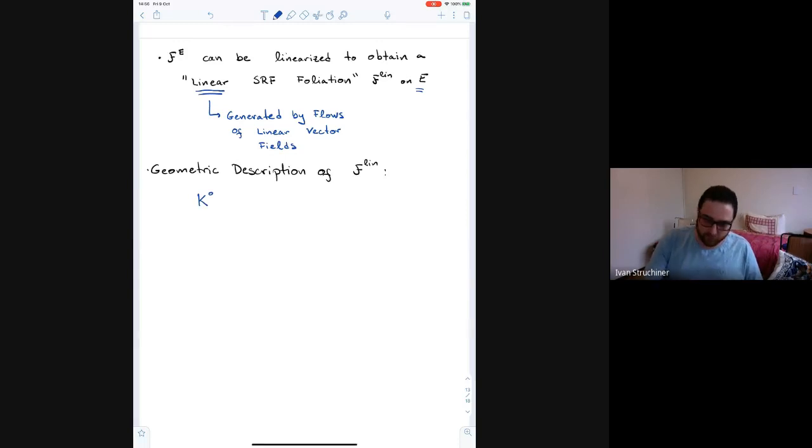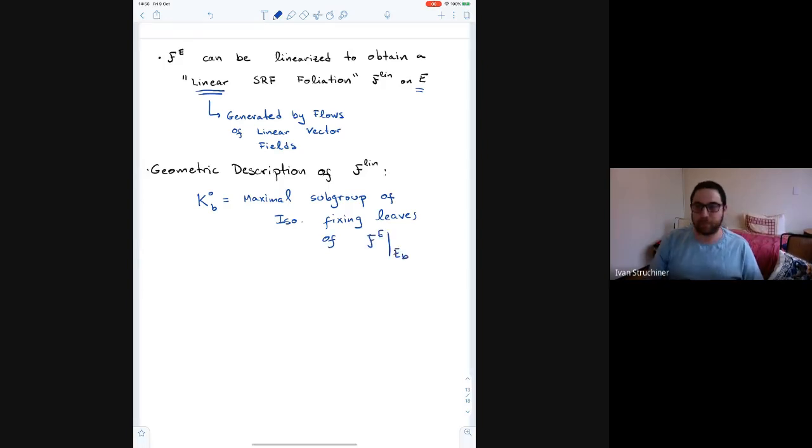Consider the following group: K_0 of b is the maximal subgroup of isometries fixing the leaves of this foliation F_E restricted to E_b. Then the linearized foliation is just the parallel translates of the orbits of this group.